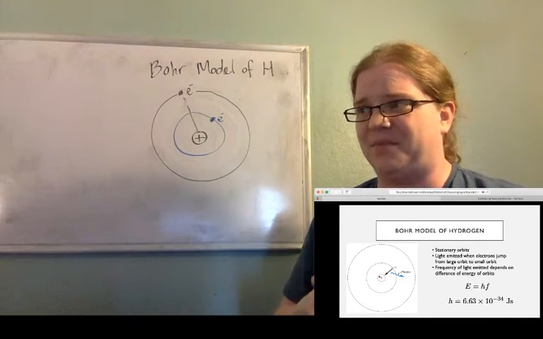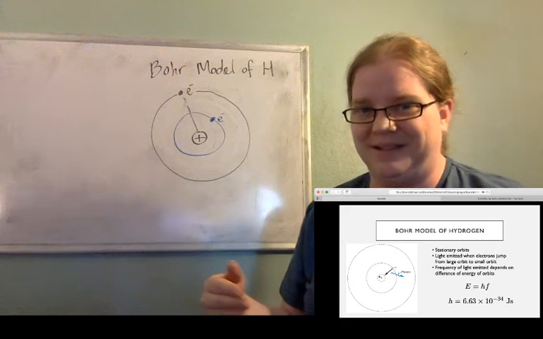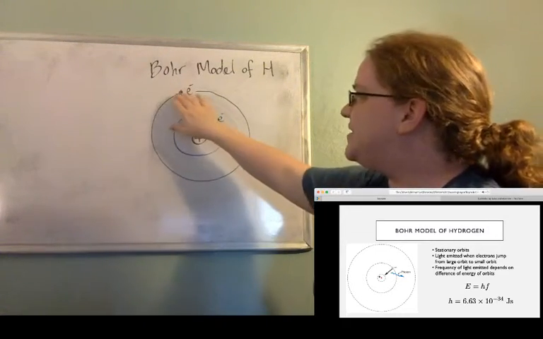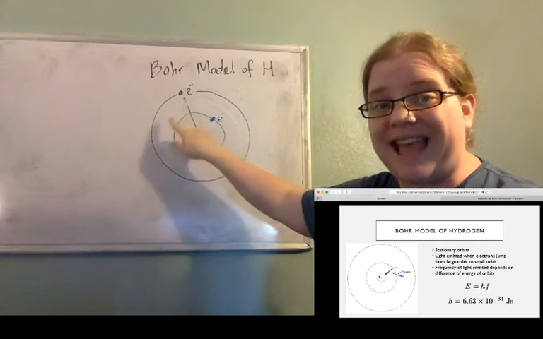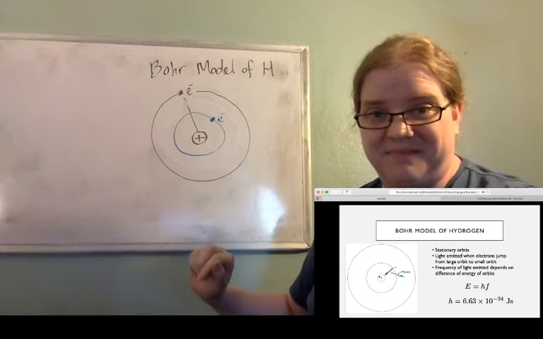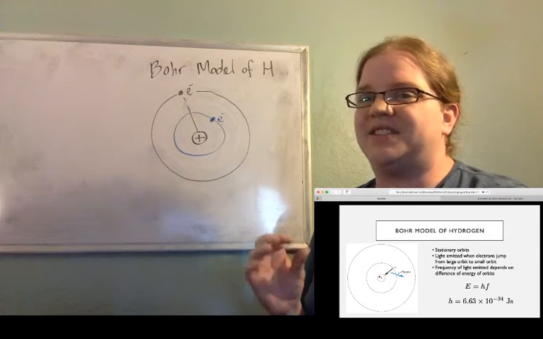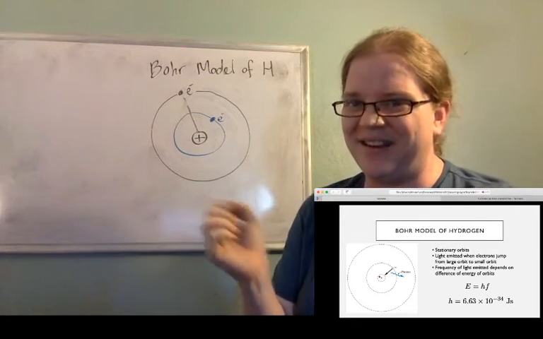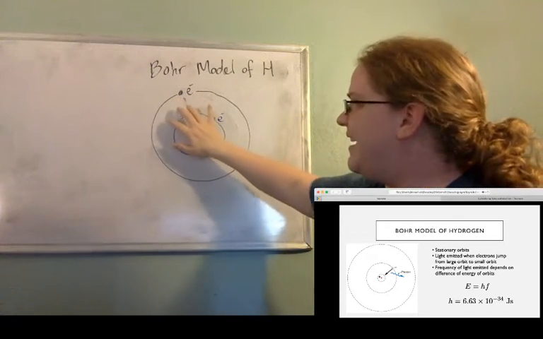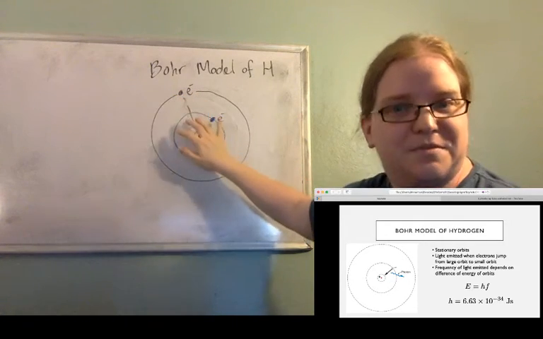In some ways he just said, no, we won't let it. It could exist here or here, and it can jump in between, but it cannot exist in between. It almost has to teleport in a way between one state and the other. It doesn't live in between.